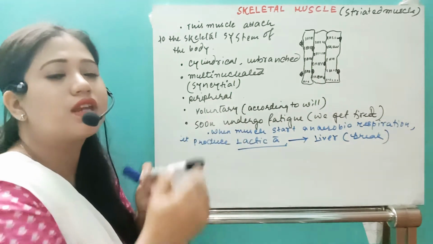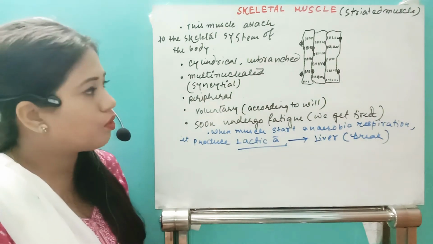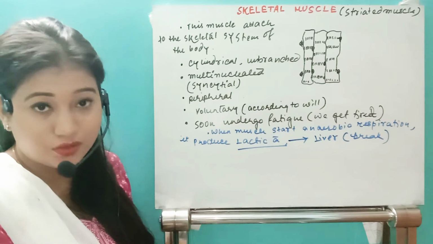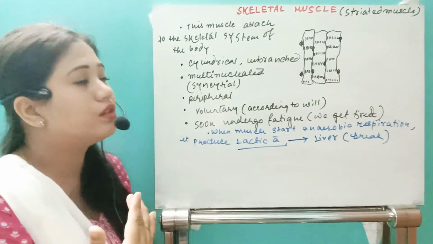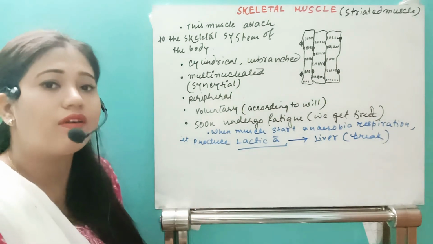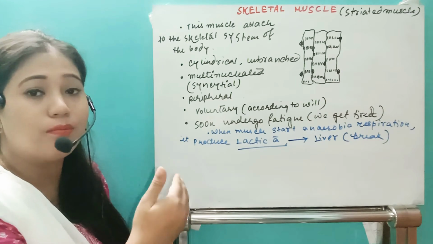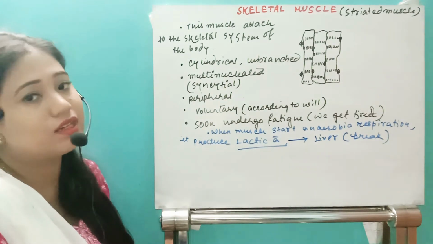This way alternate light and dark bands start to appear. It is just like an X-ray. So whenever plane polarized light passes through this striated muscle, it shows bands. What are those bands? Light band and dark band.